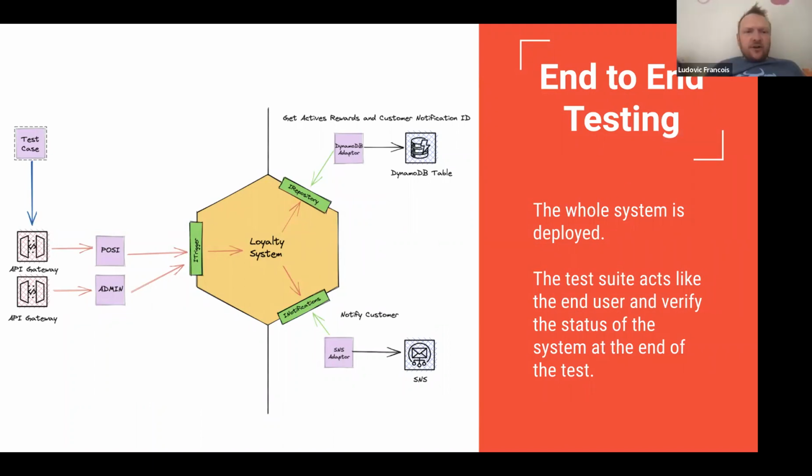Okay, yeah, so my first question is, what is a challenge we try to solve with Hexagon architecture? What didn't work, and what do we try to improve with it? The main thing is isolation.